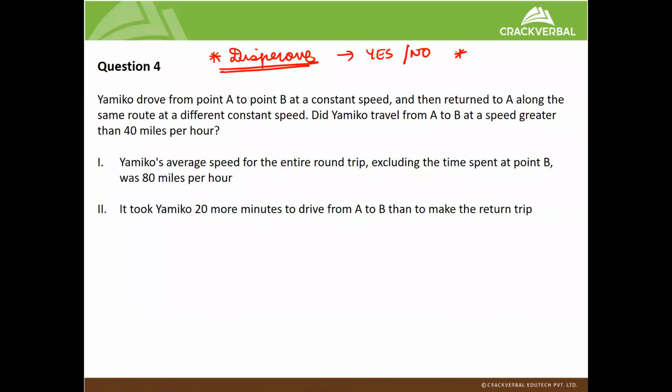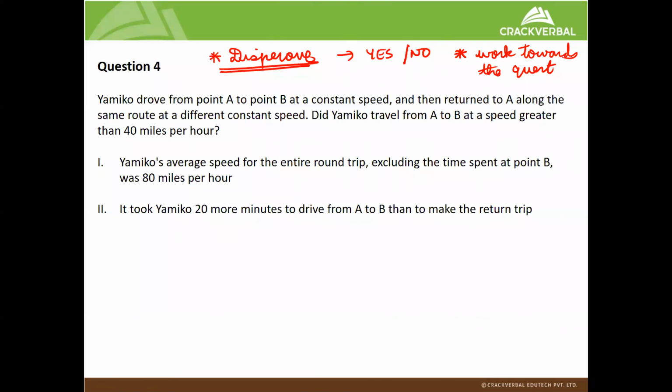And second, again, I'm repeating from what we discussed before, you always work towards what the question asks you on a data sufficiency. And taking back what we did in the last 2 questions, it's a word problem, so you need to break down the word problem into an equation form. Now, the question says Yamiko drove from point A to point B at a constant speed and then returned to A along the same route at a different constant speed.